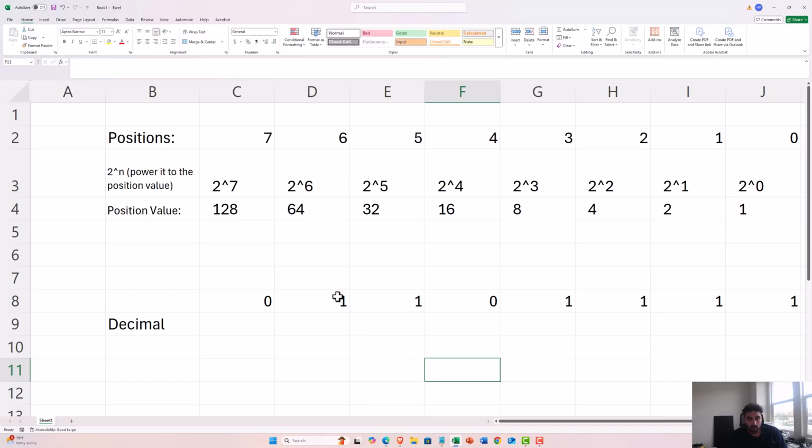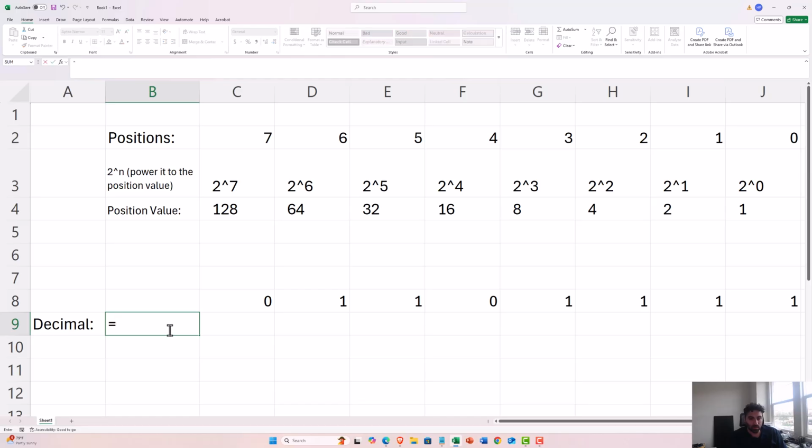What we would do is we would add up the positional value of all the ones, to get the decimal number. So this equals all the positional values of 1. It'll be 64 because position 6 is 64 and there's a 1 there. And then we add position 5, which is 32.